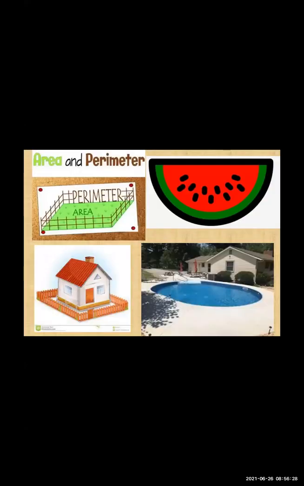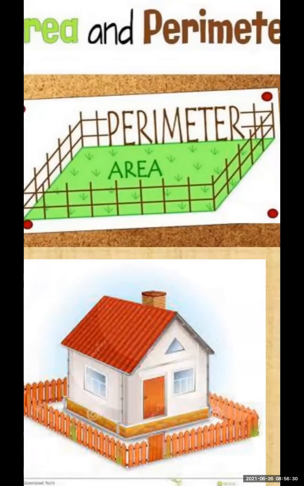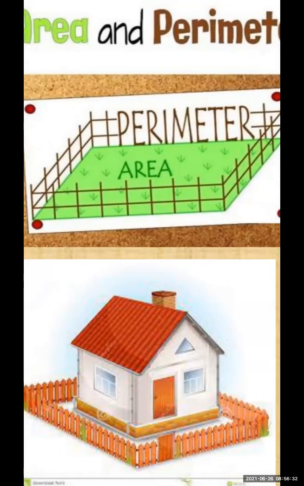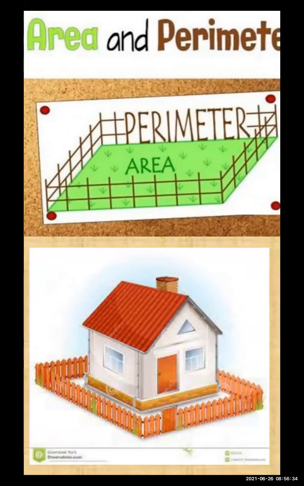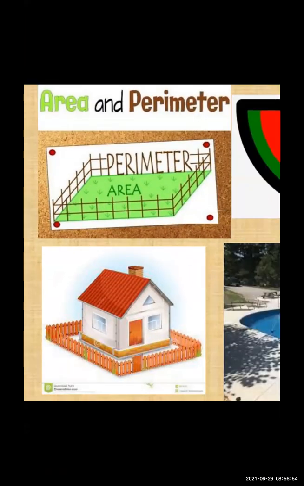For better understanding, you can use examples. Now we will take them one by one. You can see here that a house is there, and around that house a fencing is there. So the fencing becomes the perimeter of that house. What is meant by perimeter?